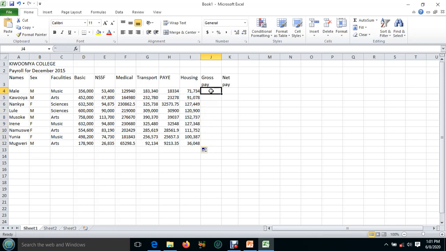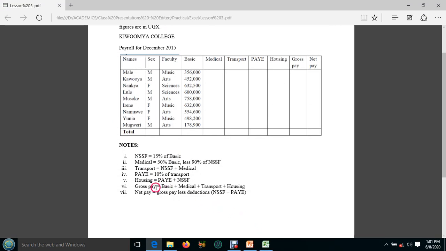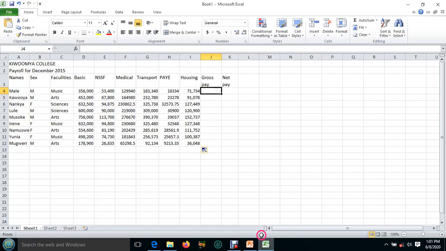Gross pay is equal to basic plus medical plus transport plus housing. So gross pay for the first person will be equal to basic.